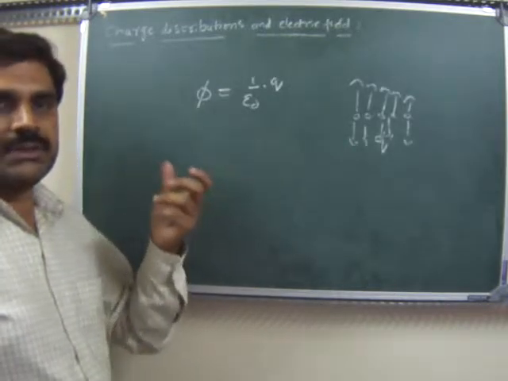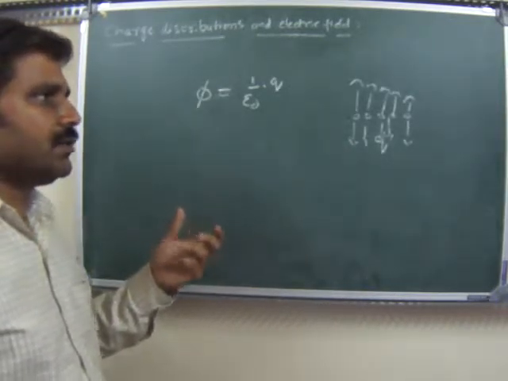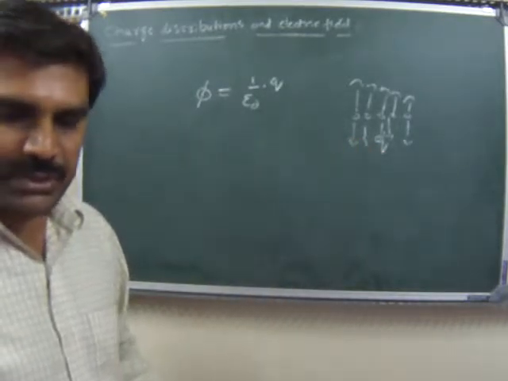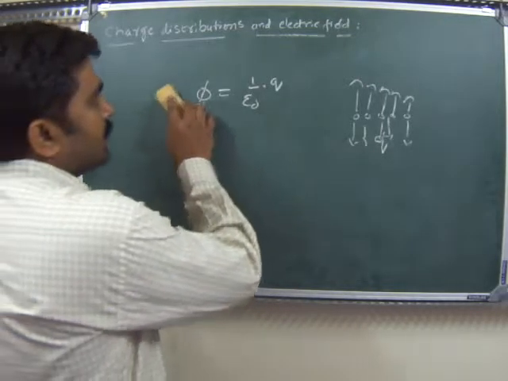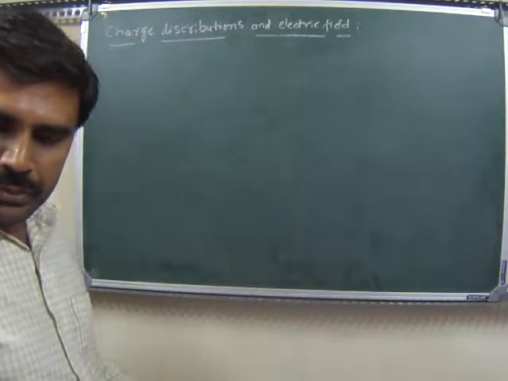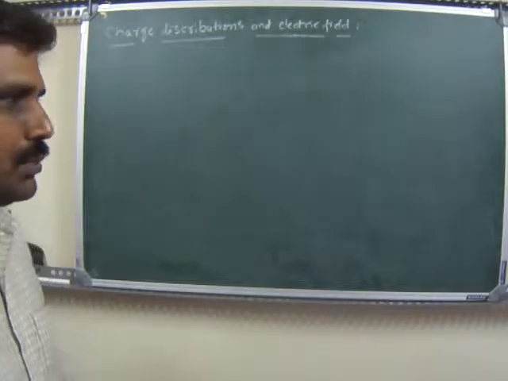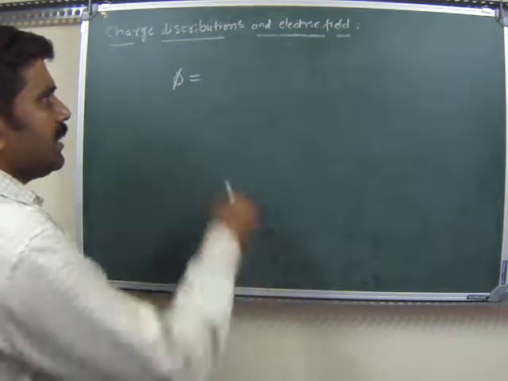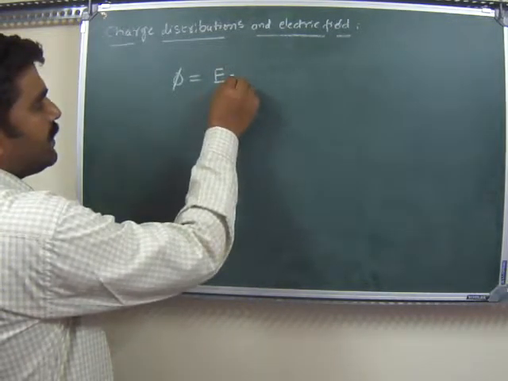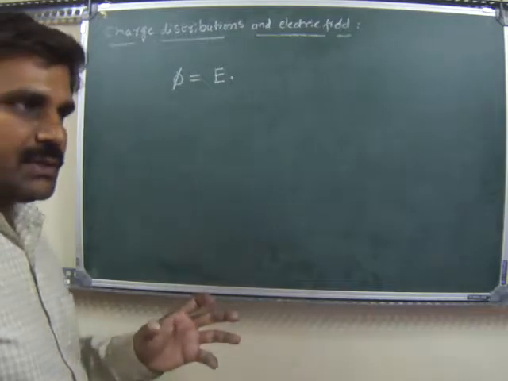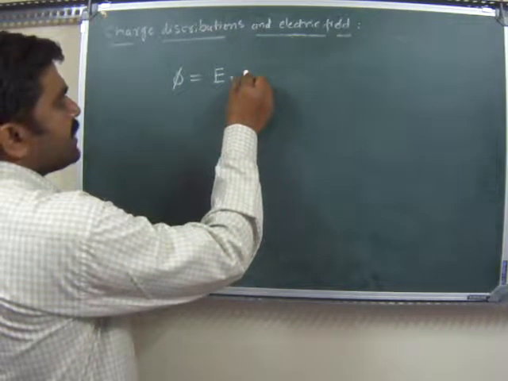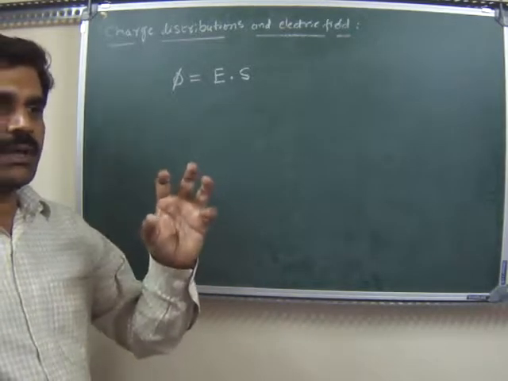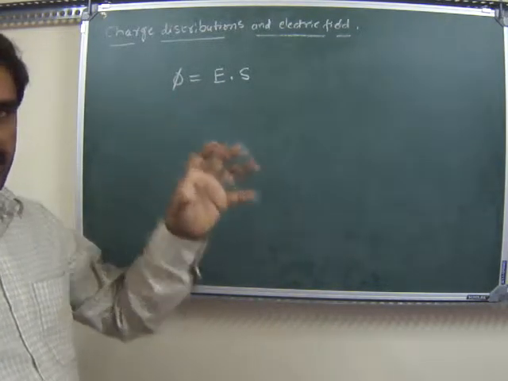Using this law, we will now find the field around these regular charge distributions. We already know that the flux passing through a charge is equal to the scalar product of the field around that charge with a considered area S. For example, you have considered some area around a charge.